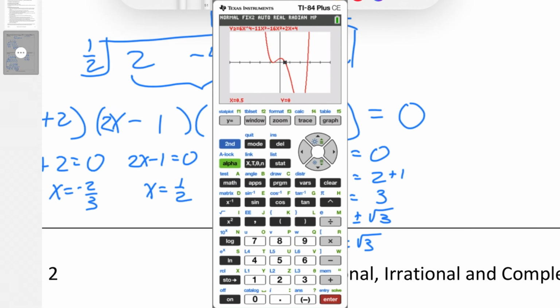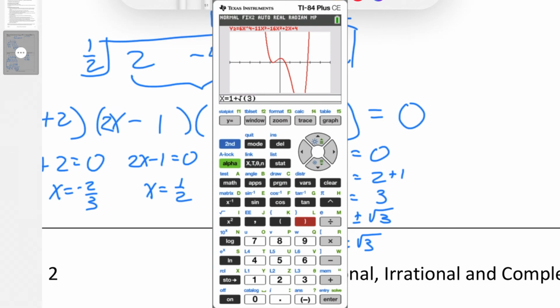So on the calculator, I think that 1 subtract square root of 3 should be a 0. So let's see if it is. Yeah, look, it is. Y equals 0. And we also thought that 1 plus square root of 3 would be the other solution. So let's see if that is a solution.